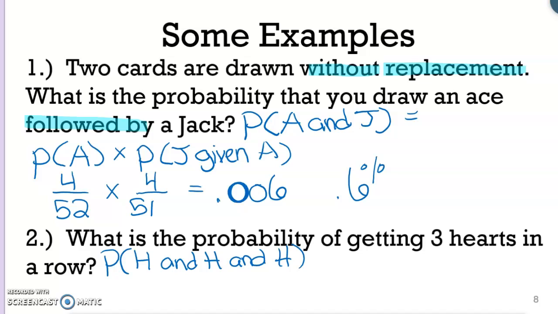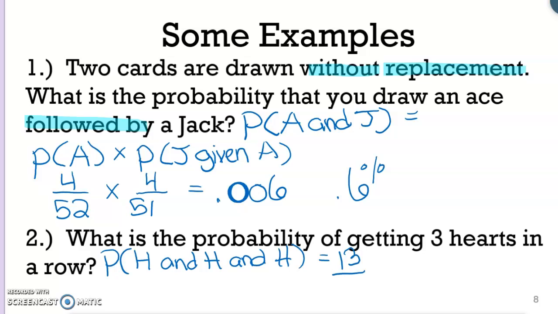So the probability is going to be, the first time when I go to get a heart, how many of the cards are hearts? Well, that's 1/4 of the deck. When we split 52 into 4, there are 13 cards of every single suit. If you come across any of these card problems, just do a quick Google search of a deck of cards and you'll be able to very easily see what's in a deck of cards.